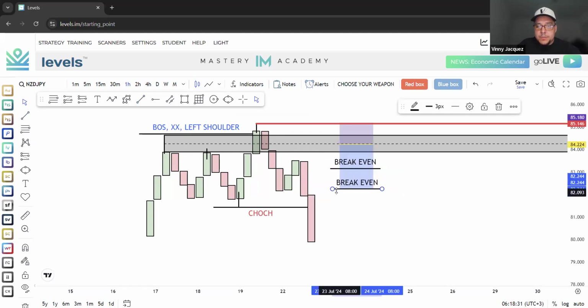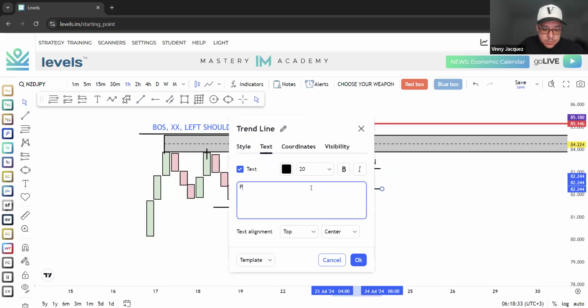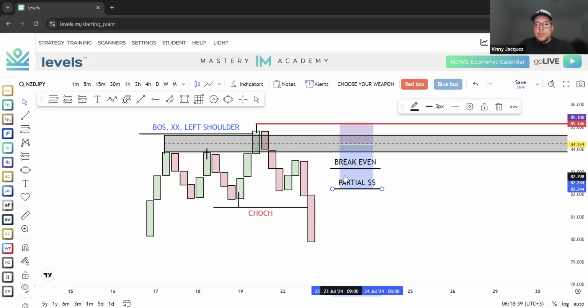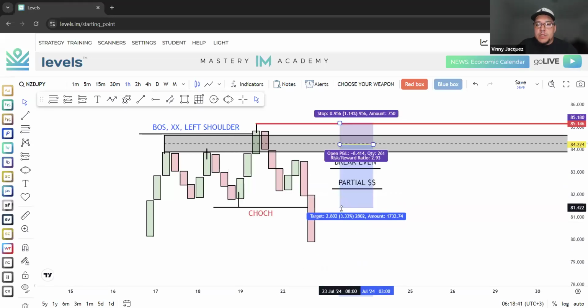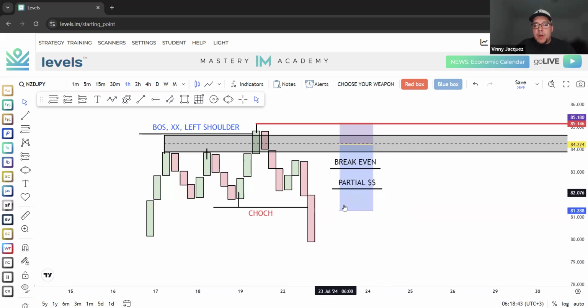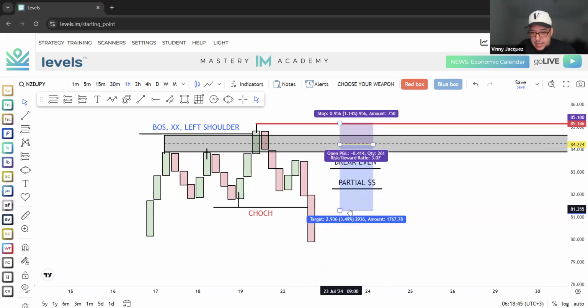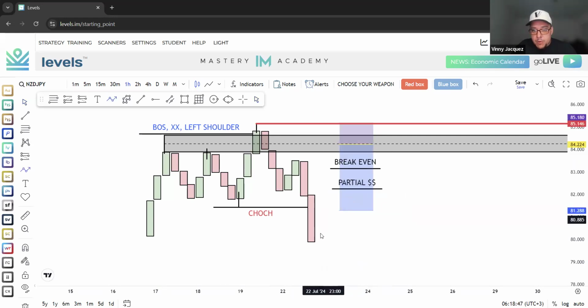This is your partial. And then we have the last one, which is a 1 to 3, and that's your take profit. So as soon as market hits this line and goes below, boom, market comes up and touches this blue line right here, you are out of the trade. It is a winner.